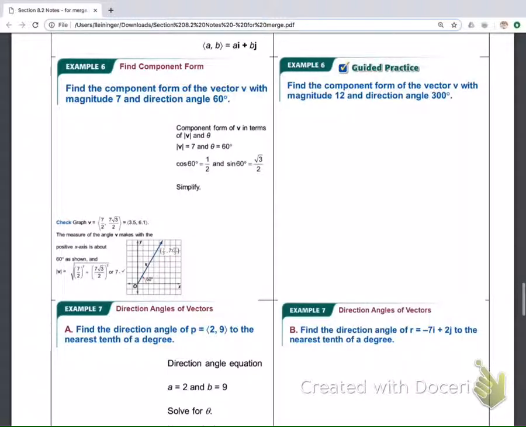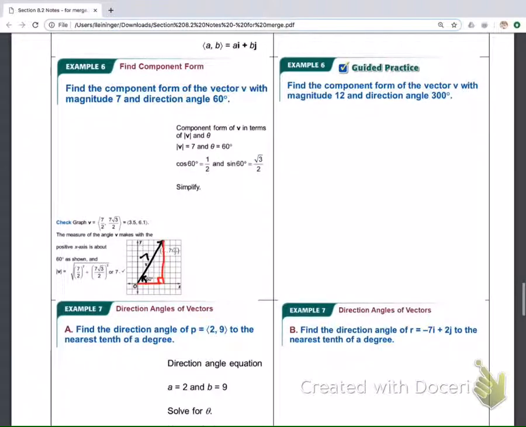So what you see here in this box is the picture of the vector. They've said, here's the 60-degree angle, so just like the unit circle, from 0 up to 60 degrees, they've drawn a vector out that is 7 units long, because that's the magnitude. To find component form for this, all I do is draw in the x and the y side, which makes your triangle.